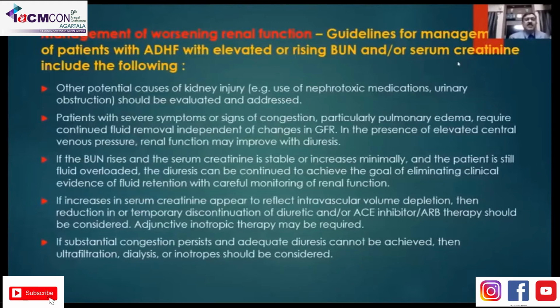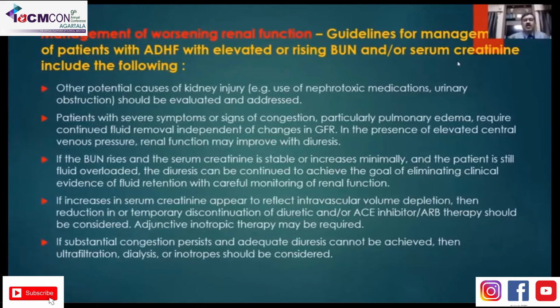So, management of worsening renal function. This is often a point of confusion for many of my colleagues. I have seen that a patient after diuresis has elevated or rising BUN and or serum creatinine, what to do? One should exclude other potential causes of kidney injury, like use of other nephrotoxic medications, urinary obstruction, etc. If the BUN rises, but there are still severe symptoms and signs of congestion, one should persist with diuresis.